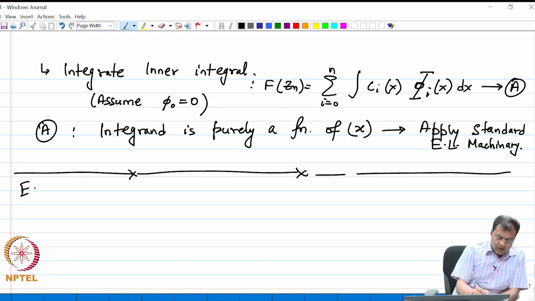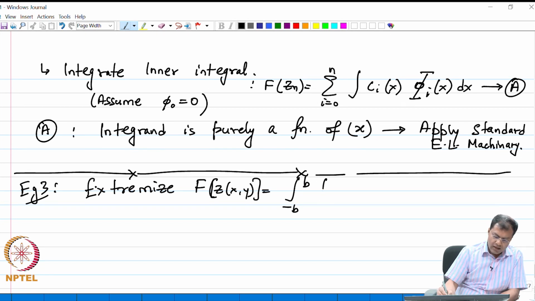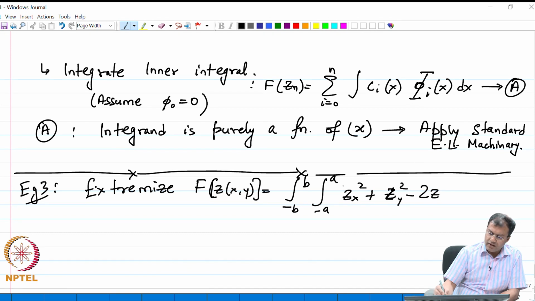This is my third example. This question says extremize F of z of x, y, which is equal to the integral from minus b to b, integral from minus a to a of z_x square plus z_y square minus 2z dx dy.